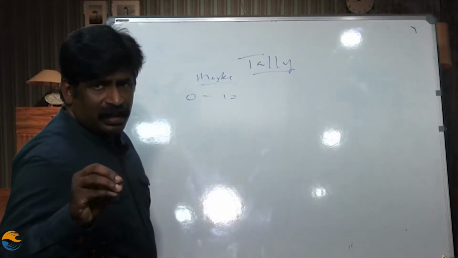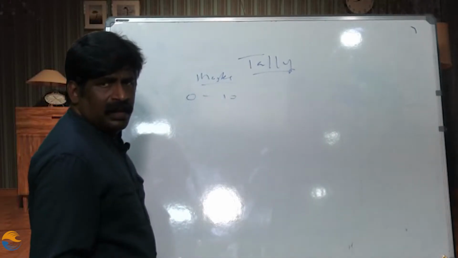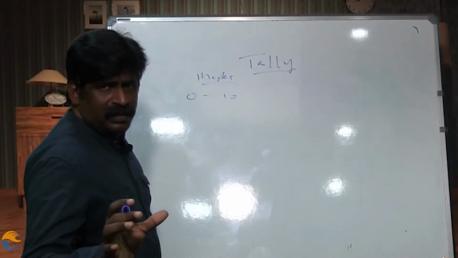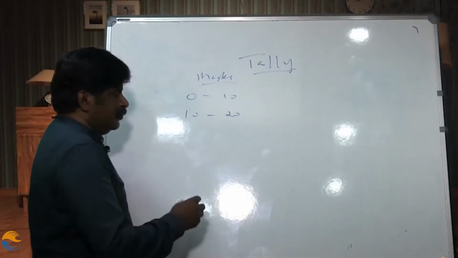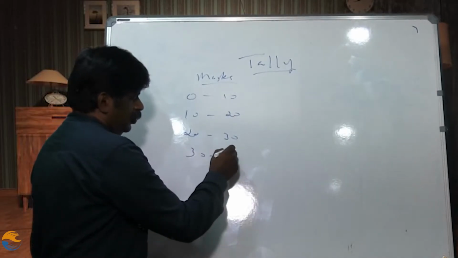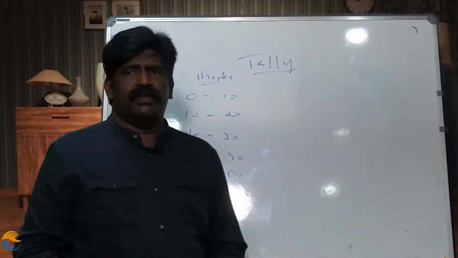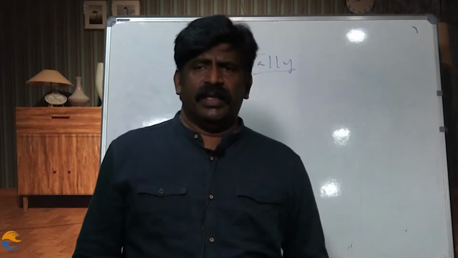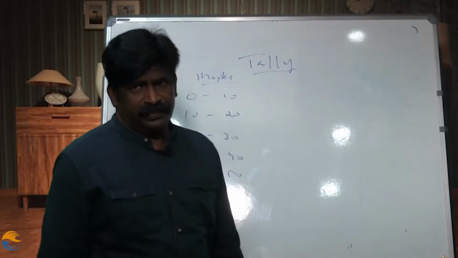The maximum mark is 50, and therefore we are classifying the data here with a gap of 10 marks. For example, 10 to 20, 20 to 30, 30 to 40, and 40 to 50. In this way, we are going to tabulate the data on the basis of marks scored.